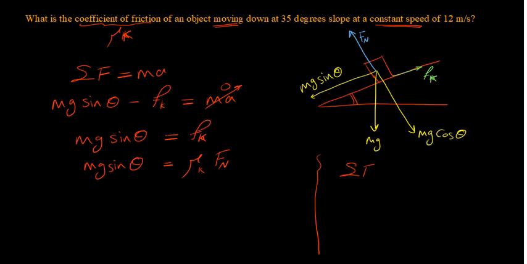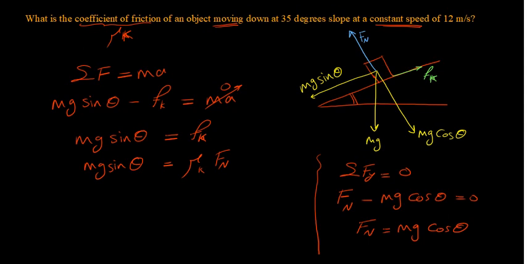We know the total forces on the y-axis will equal 0 because there is no motion. And the forces on the y-axis are the normal force minus the perpendicular component of the weight. From here, the normal force equals mg cosine theta.